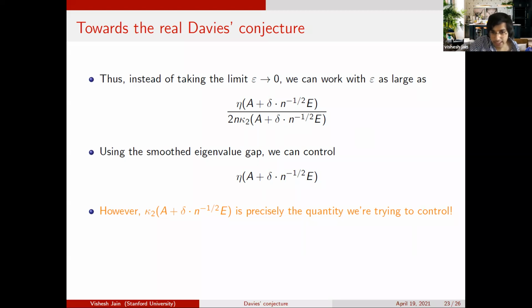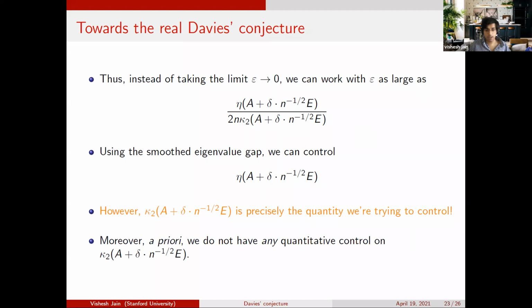So now you might say, well, maybe I have some a priori estimate on this. But as I mentioned, even the original paper of Davies, which gave some exponential bound in delta on the eigenvector condition number, actually used that E is a complex matrix. So nothing was known for real matrices, let alone for a random matrix result, right?